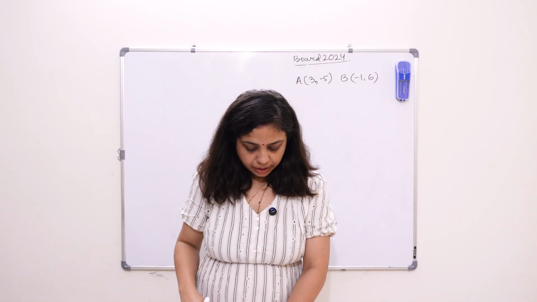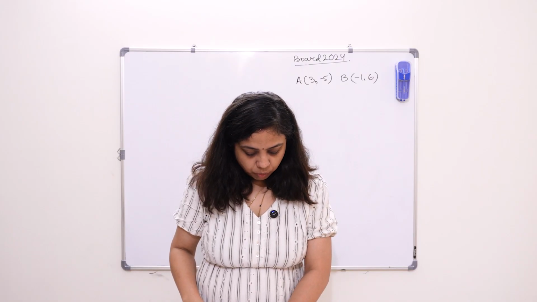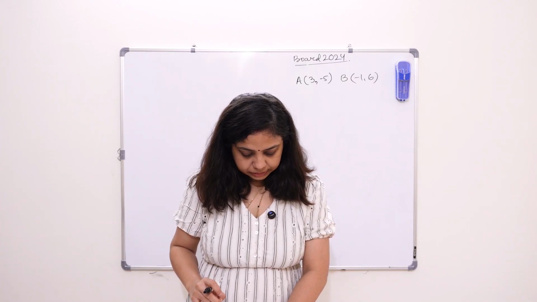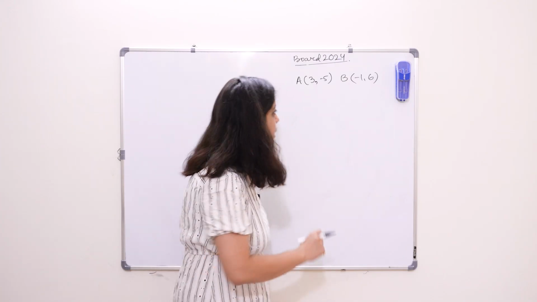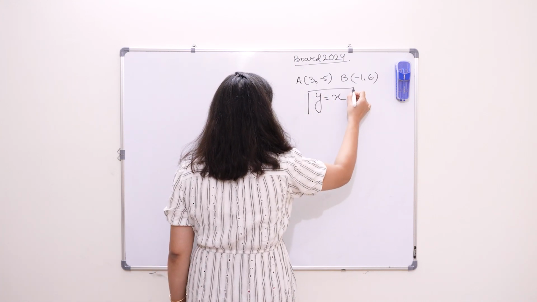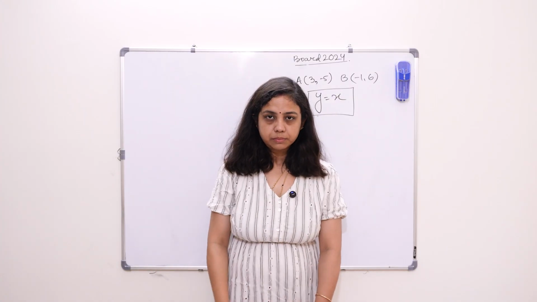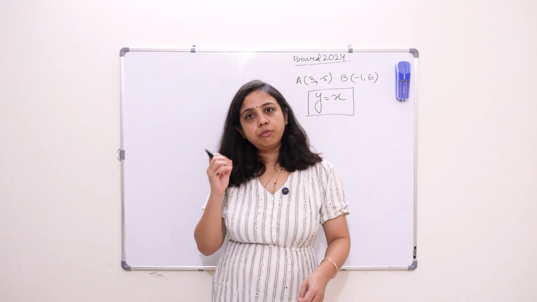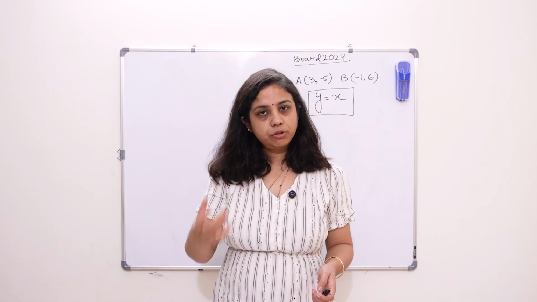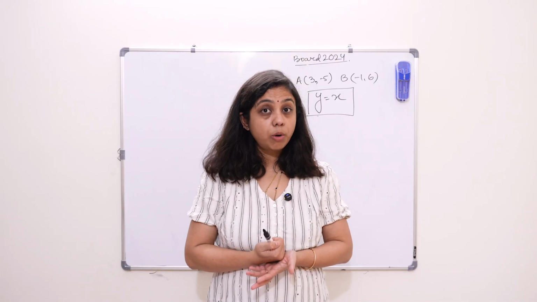अब हमको ये बोला क्या जा रहा है, what ratio is the line segment joining the points this and this divided by the line y is equals to x. एक लाइन है y is equals to x. Do we know what sort of a line will this be? जहां पर x और y दोनों सेम हैं. ये लाइन हर वो कोऑर्डिनेट रिप्रेजेंट करेगी जहां पर भी आपका x, y दोनों सेम होगा. 6, 6, 4, 4, 2, 2, 3, 3, 0, 0.